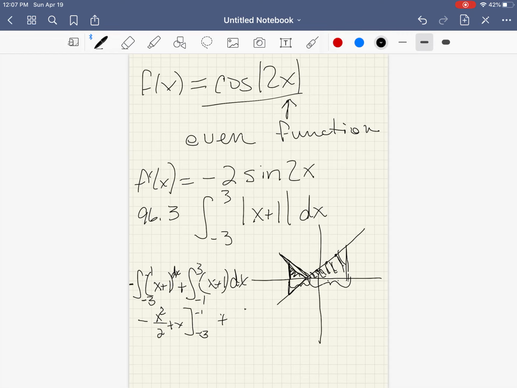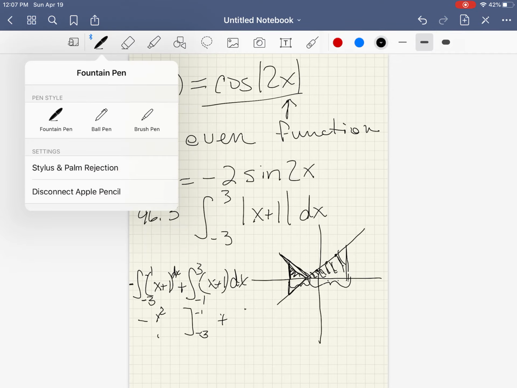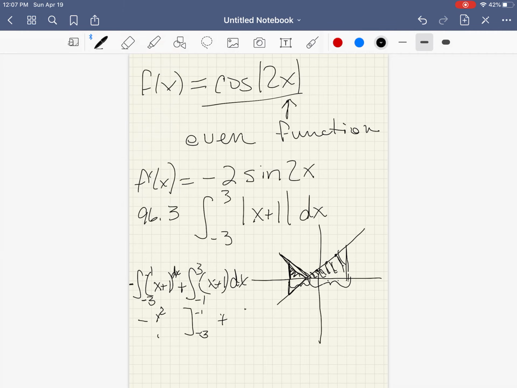Oh, this minus x squared, that should be a minus, sorry. Got to distribute that negative right here. Okay, so that's minus x squared over 2 minus x. All right, and then this one will just be x squared over 2 plus x evaluated from -1 to 3.